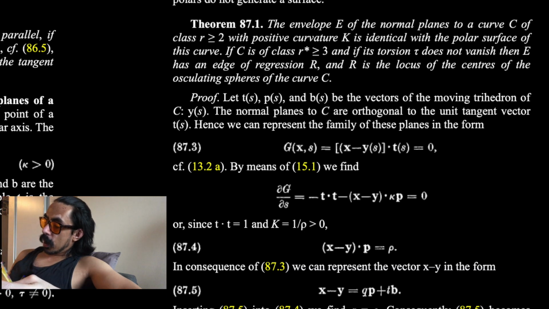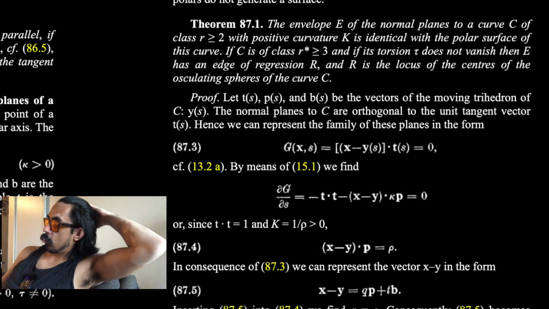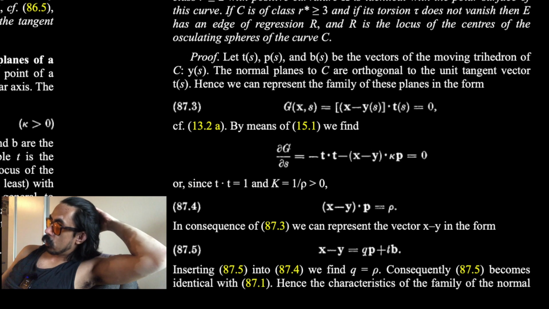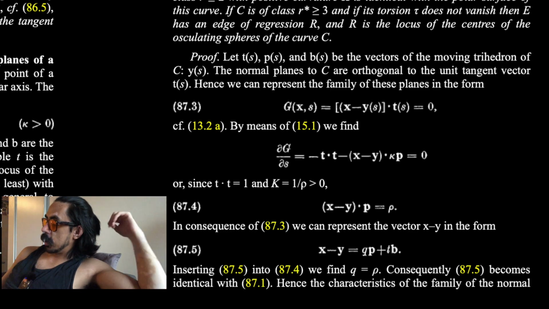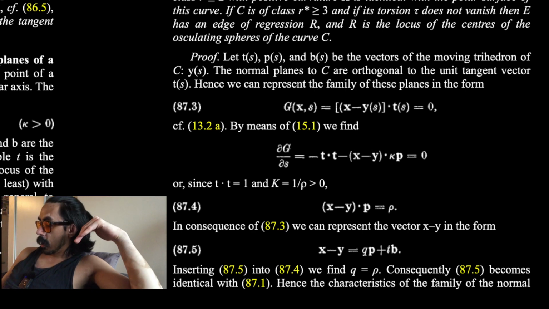In consequence of capital G equals 0, from the beginning of this proof, we can represent the vector x minus vector y in the form x minus y equals lowercase q times vector p plus t times vector b. Inserting this relation into the previous relation, x minus y scalar product with p equals rho, we find that q equals rho.